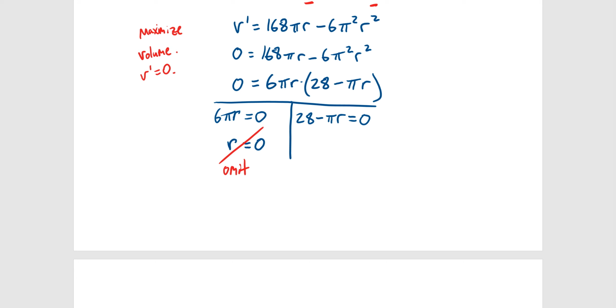And then for the other one, when we solve this one, we're going to add pi r to the right: 28 equals pi r. Divide both sides by pi, we get r equals 28 over pi. And for our only other value right here, it kind of has to be this value because we only have this one value right here.